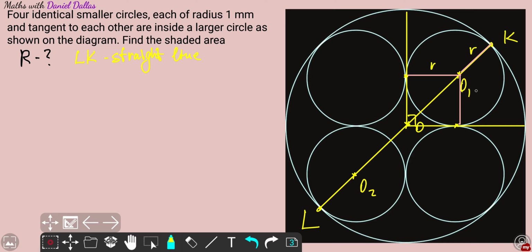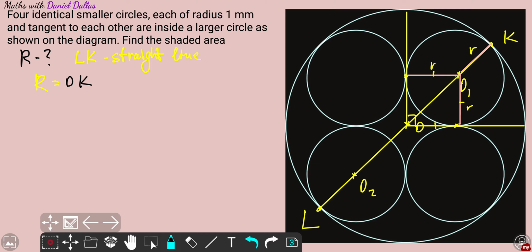First of all I just used the general letter R, and in this case we can form right angle triangles, which are also isosceles. So the big radius is simply equal to the OK segment.